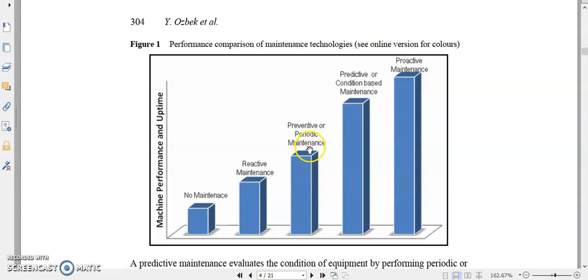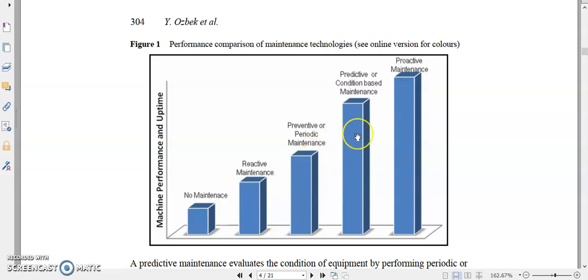The third one is preventive or periodic maintenance. This kind of maintenance is normally preset. So for example, this machine will be maintained annually, and this machine will be maintained after several hundred hours of operating time, and so on.